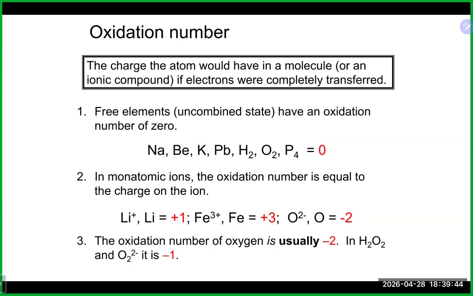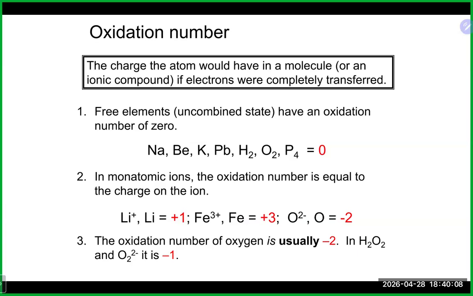Now, when those types of elements are not in an ionic compound and they're in a covalent compound where they're sharing electrons rather than electrons being transferred, things that we normally associate with a negative charge can have a positive oxidation state. Like, chlorine could have a +5 oxidation state or a +7 oxidation state rather than a -1.